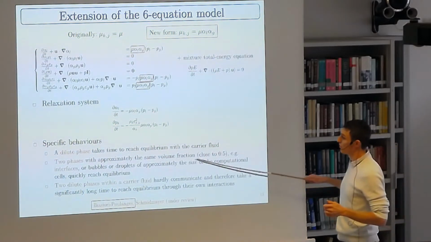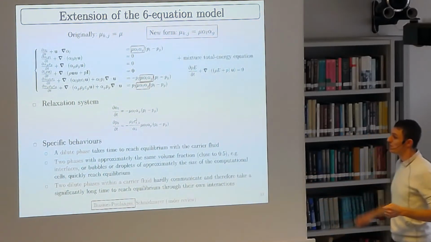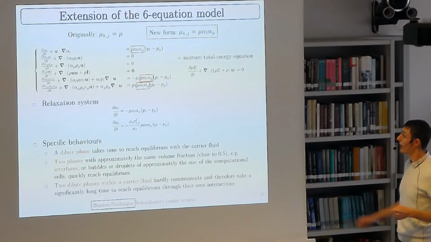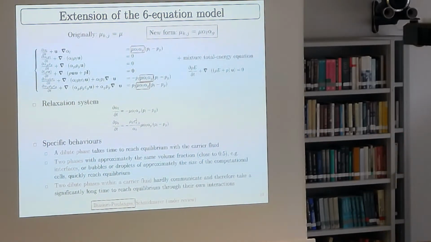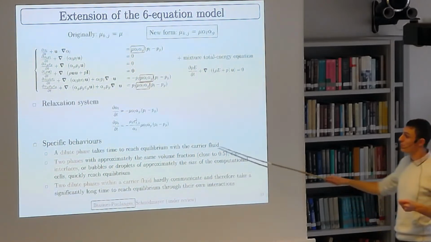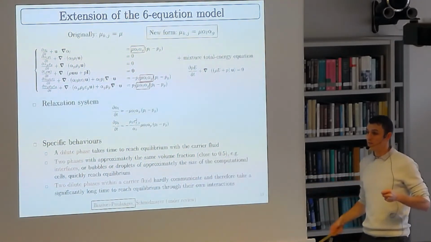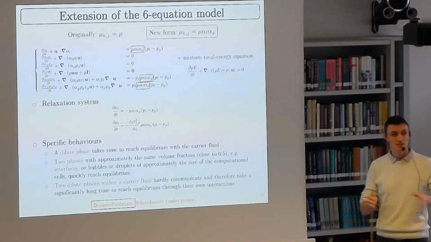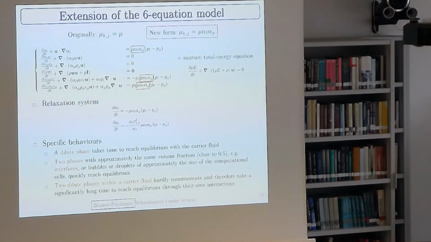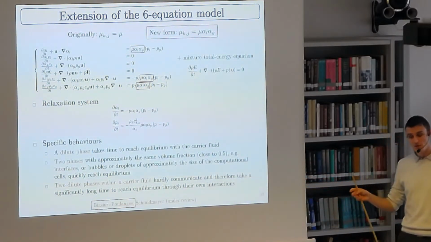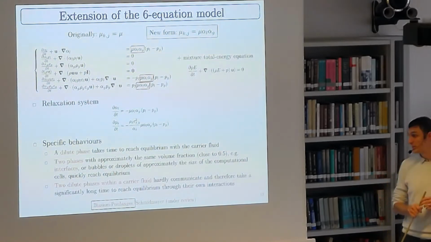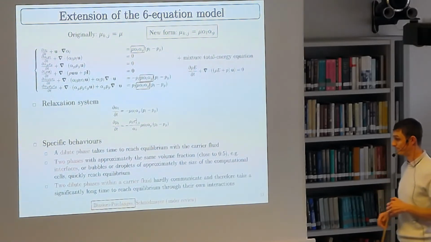And so if you do so, then you only multiply by 0.5 squared. So you end up with 1 instead of 10 to the minus 6. We have very fast communication. So if interfaces communicate, they reach equilibrium.